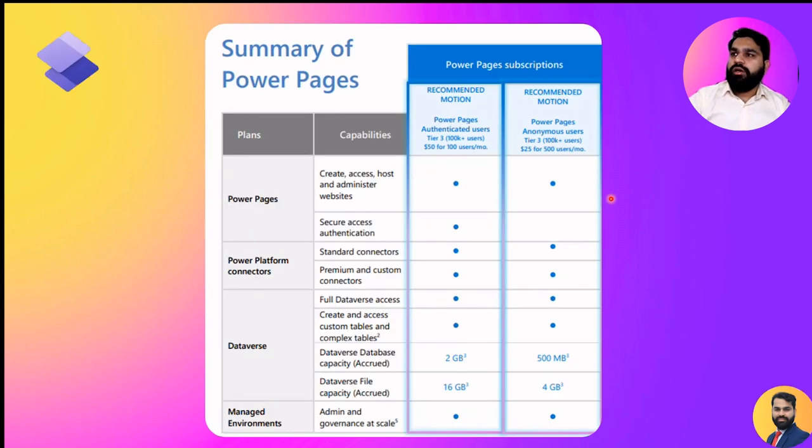Now we will talk about Power Pages licenses. As we all know, Power Pages is a low code, no code website builder. Okay, for internal, external, authenticated, anonymous users. First of all, any internal user can go ahead and access this.